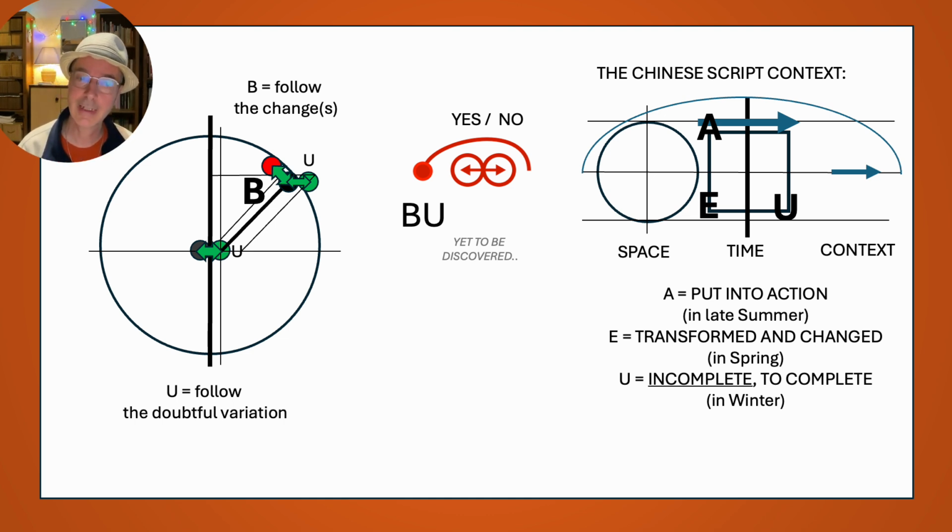So U is the incomplete part, which is not transformed yet. It's the winter part which is not transferred, and we have to do something with it. So everything where it is the letter U, for us it's an open book, let's say. So we can get to know it.